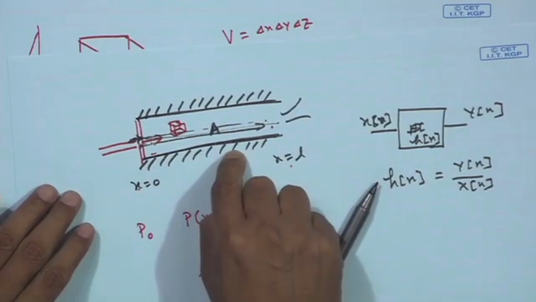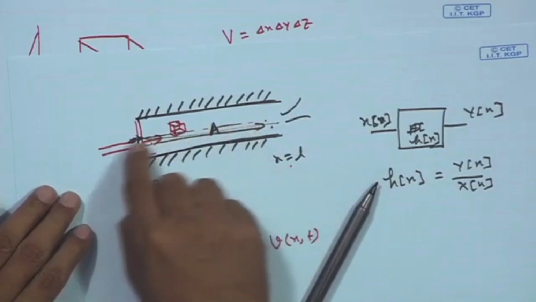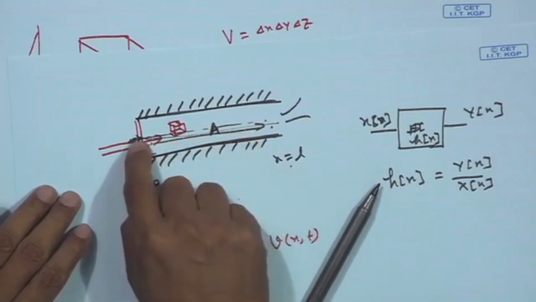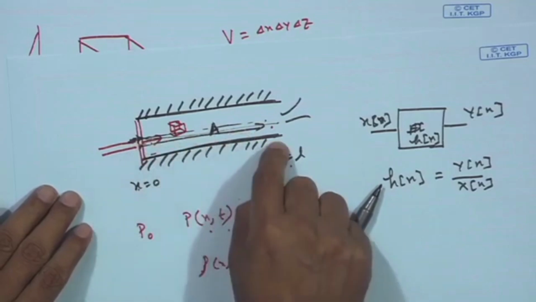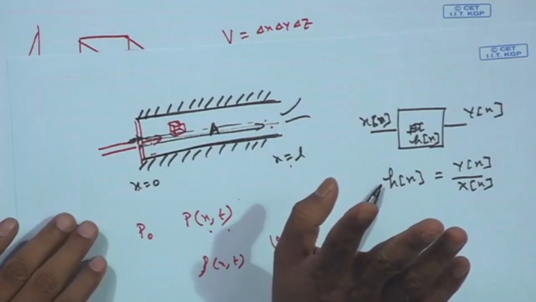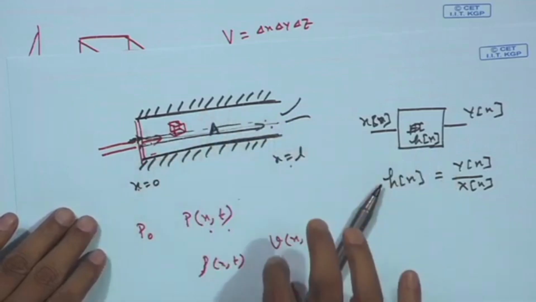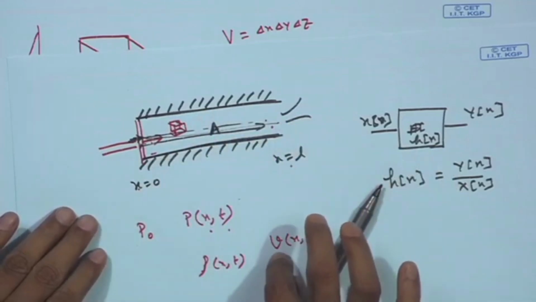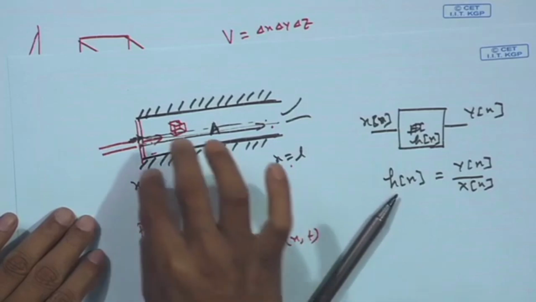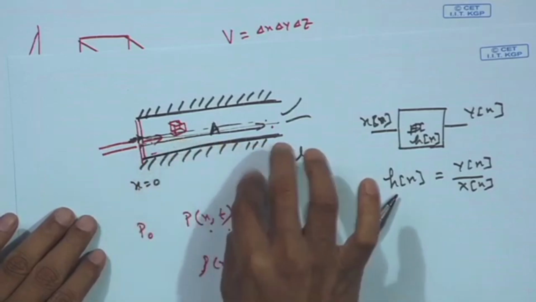So, I want the mathematical equation of the change of pressure with respect to position and time, and also the mathematical equation for particle velocity with respect to position and time, and also the relation between the pressure with respect to position and time and the particle velocity with position and time. So, I want to derive those equations.